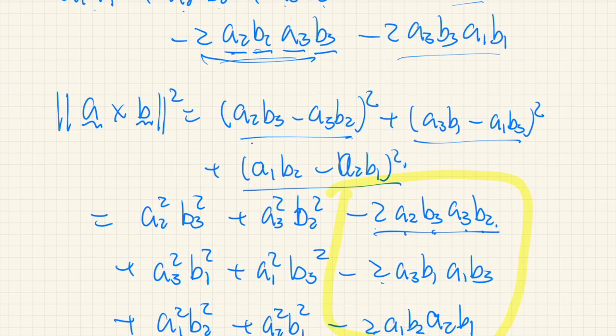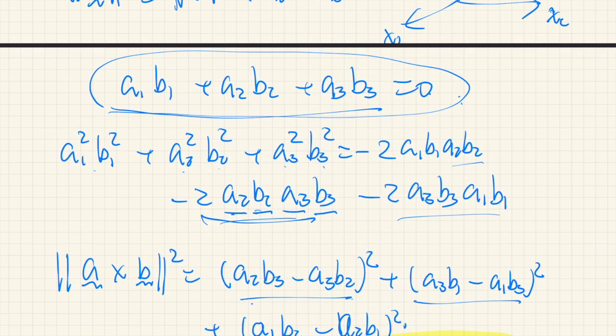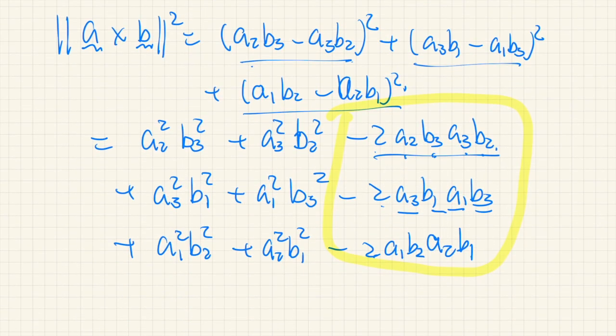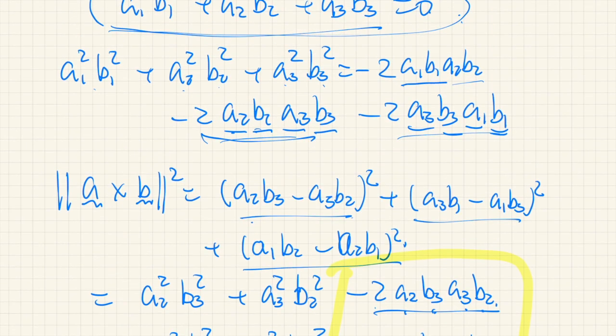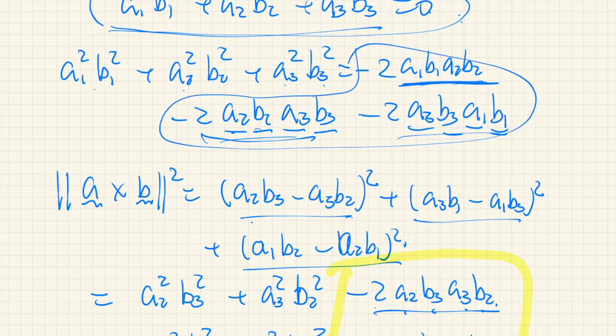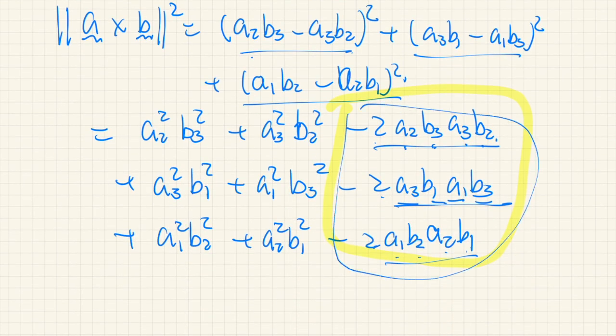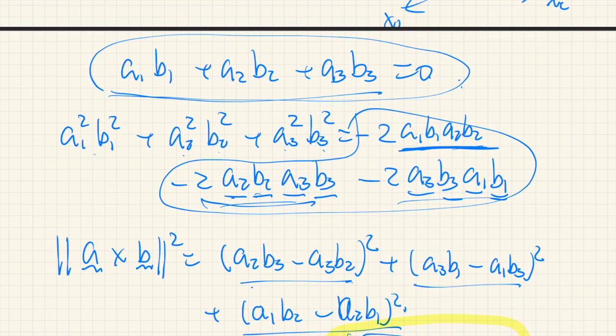And we have A1 A3 B1 B3, with A1 B3 and A3 B1, that's this term. And this term is A1 B2 A2 B1. So all of these terms are equal to the cross terms in the earlier equation, so we can replace them with the left-hand side of that equation.